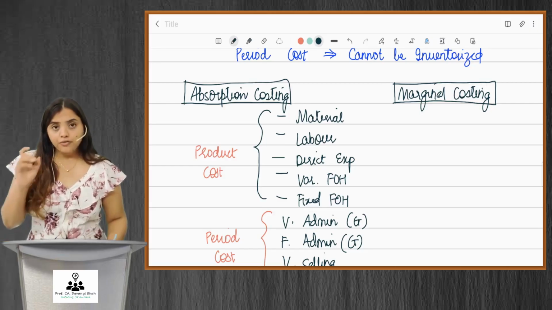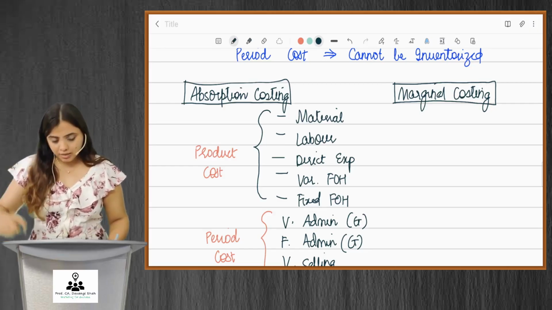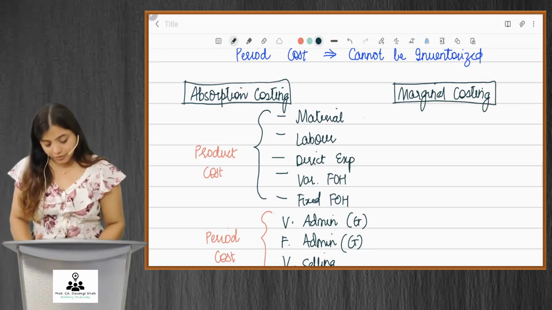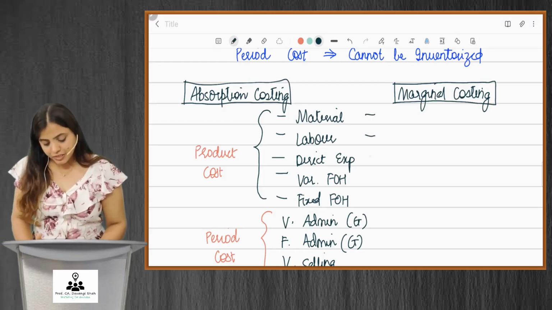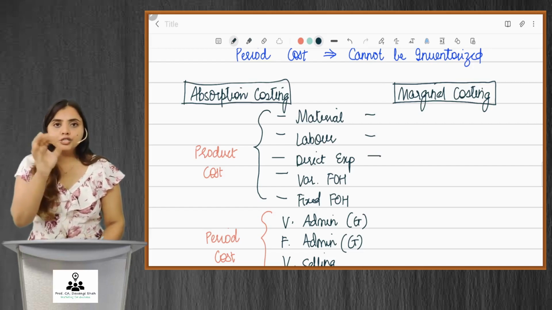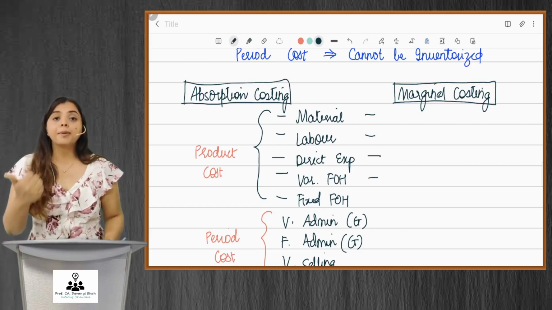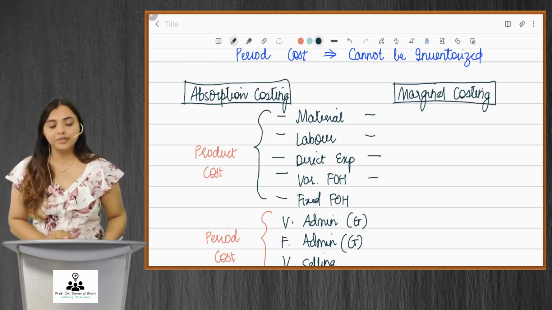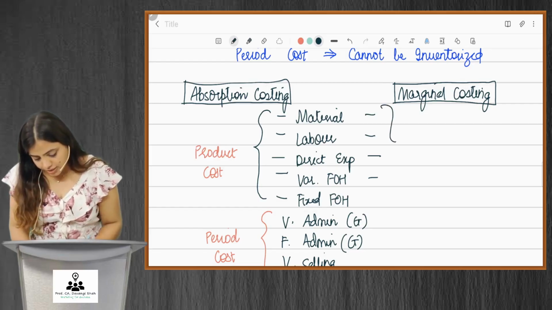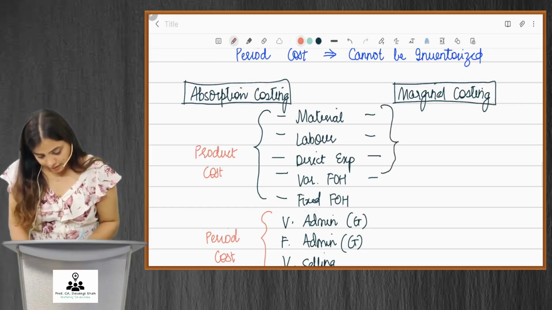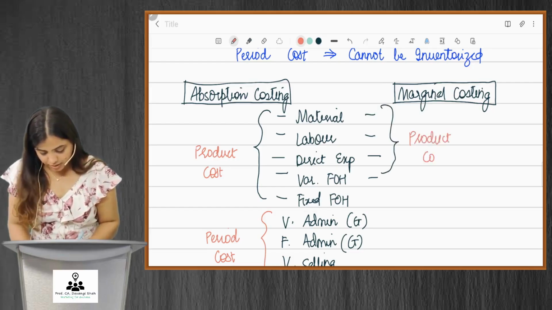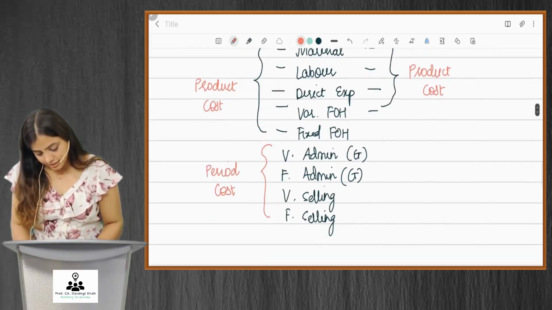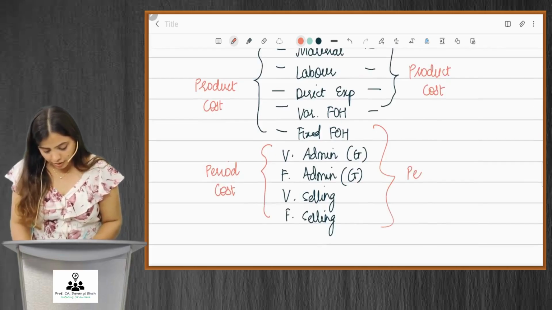So friends, for stock valuation as per marginal costing, material cost which is variable will come, labor cost which is variable will come, direct expense which is variable will come. Also variable factory overheads will come, but not fixed factory overheads. So only these costs are considered. And these are product cost as per marginal costing, while the rest are period cost.